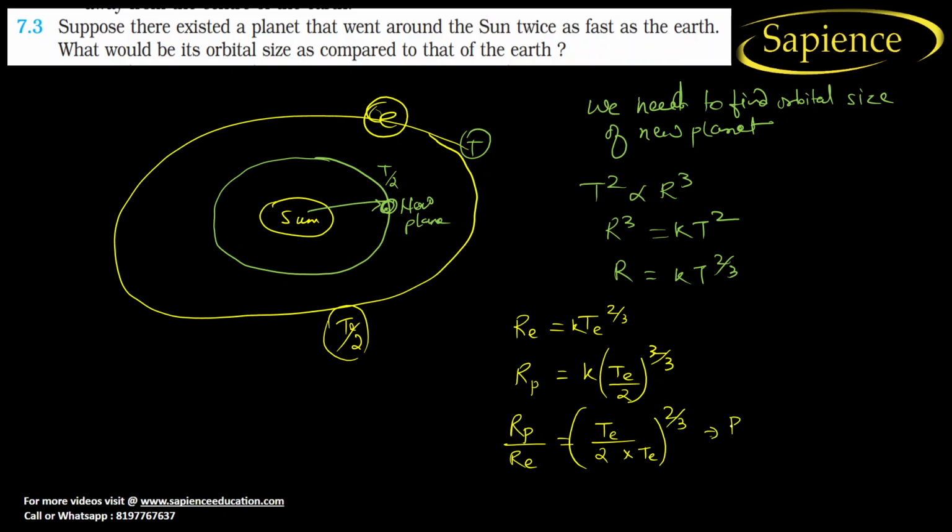So from here Rp is equal to 1 by 4 to the power 1 by 3 times the radius of the earth. This is approximately 0.67 times the radius of the earth. So this is the radius of the new planet.